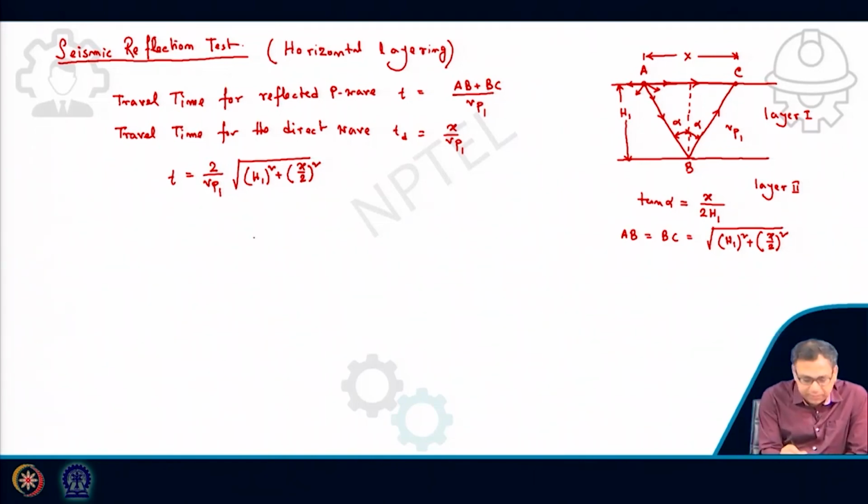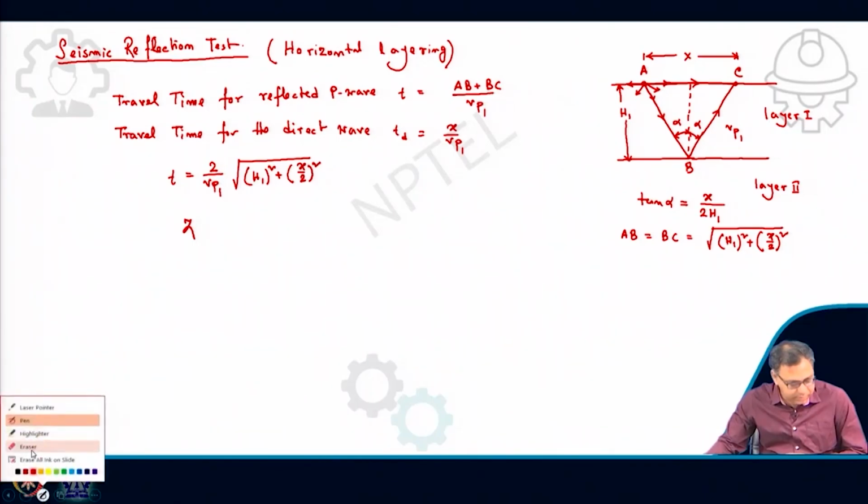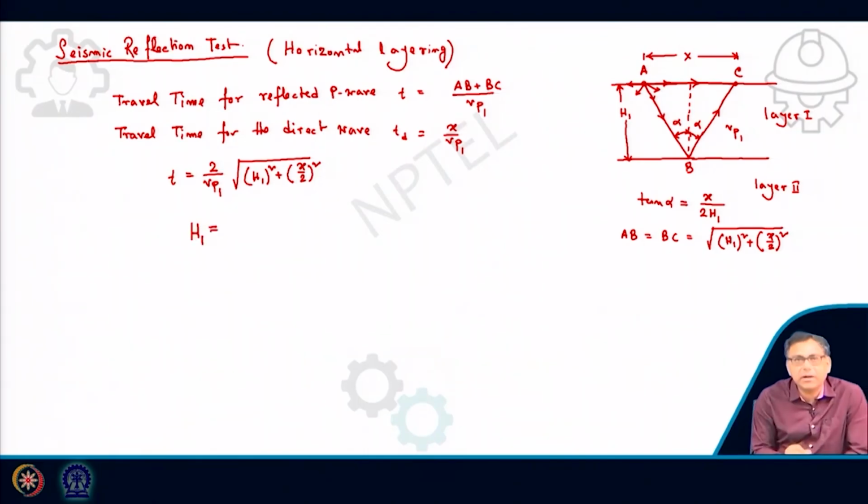So if I get this value, and then if I simplify it, or I can write it in a different form, that is equal to H1, that I can write as half root over Vp1 T square minus x square.